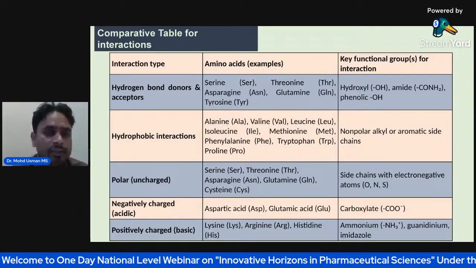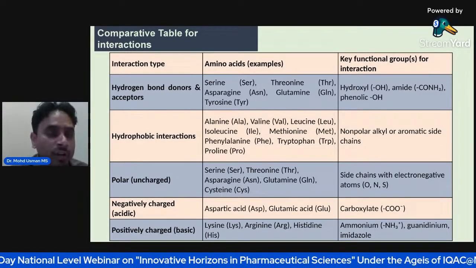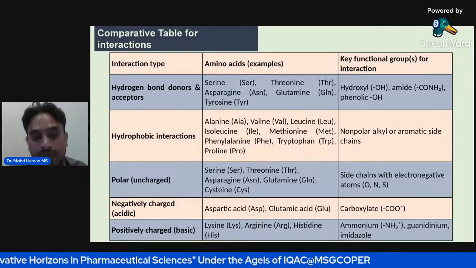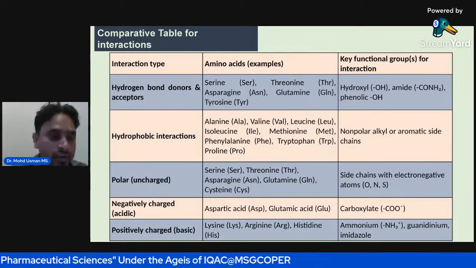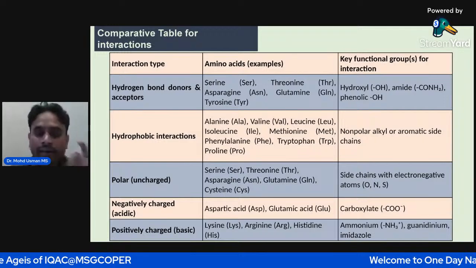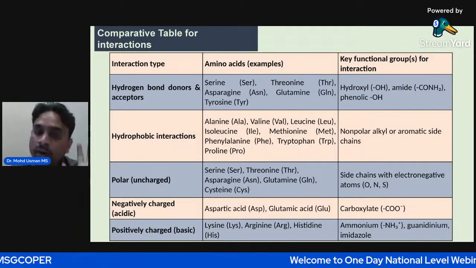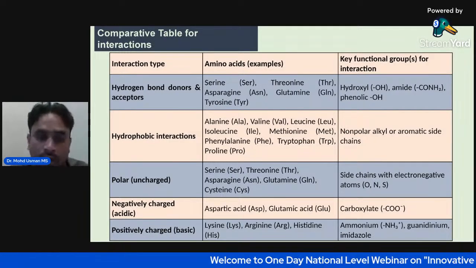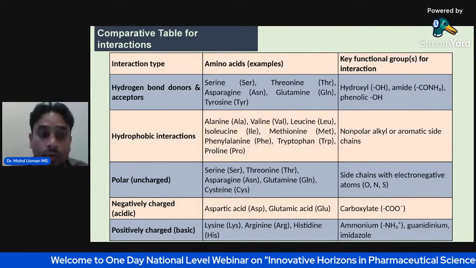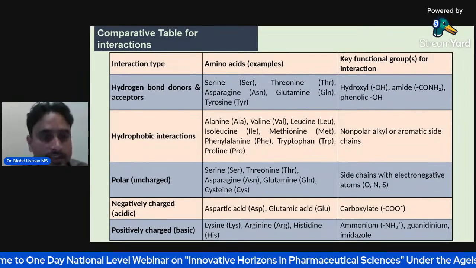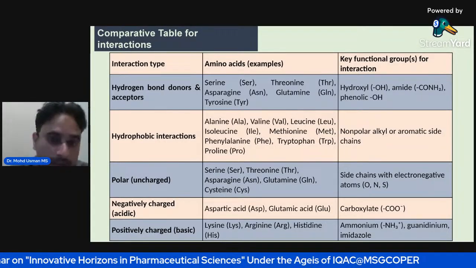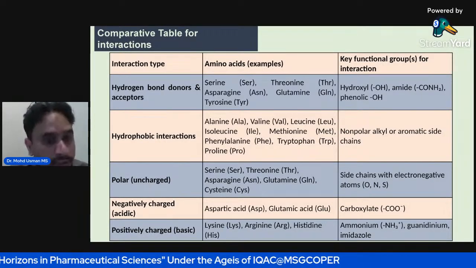Suppose hydrogen bond donor or hydrogen bond acceptor. We know if OH and NH2 are present, then that group will act as a hydrogen bond donor or acceptor. So we know in which amino acids these groups are present. Serine contains OH, threonine OH, asparagine NH2, glutamine NH2, tyrosine OH.